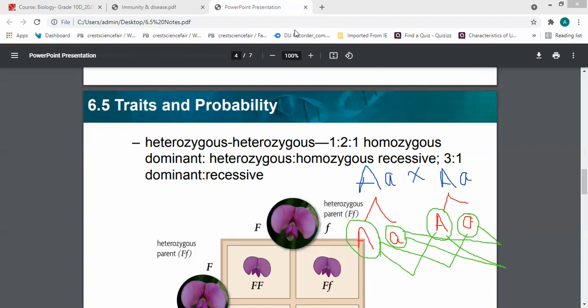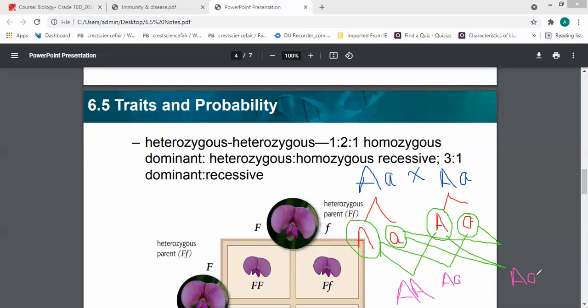So the possibilities will be capital A, capital A, or capital A, small a, or small a, capital A, but we must write the capital letter first.